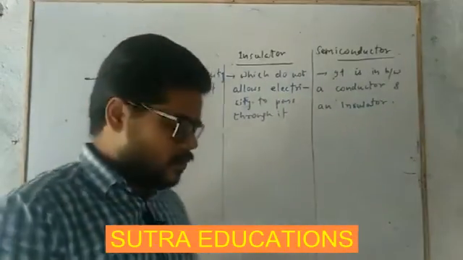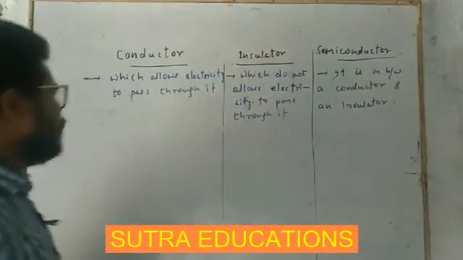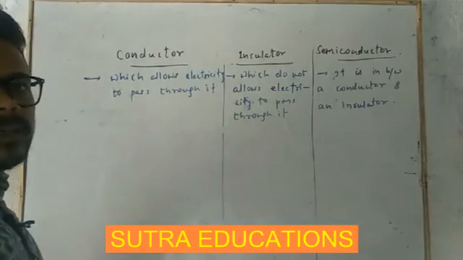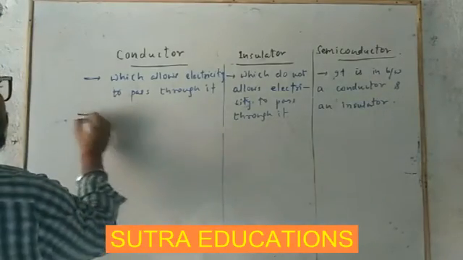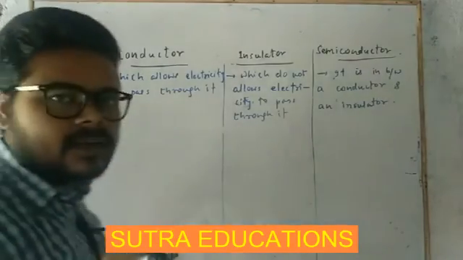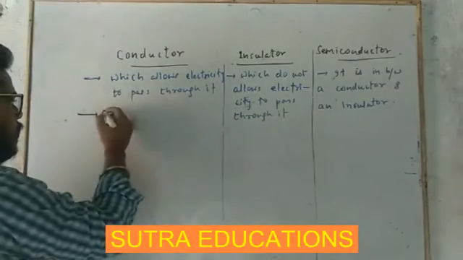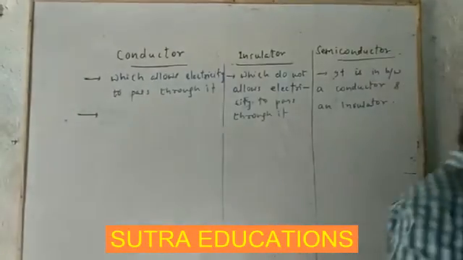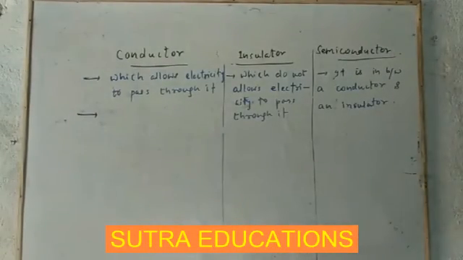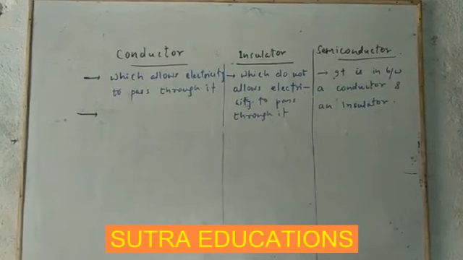Now we will see what happens in the case of a conductor. Conductors are supposed to be good conductors when their conductivity range is between 10 to the power 4 and 10 to the power 7.